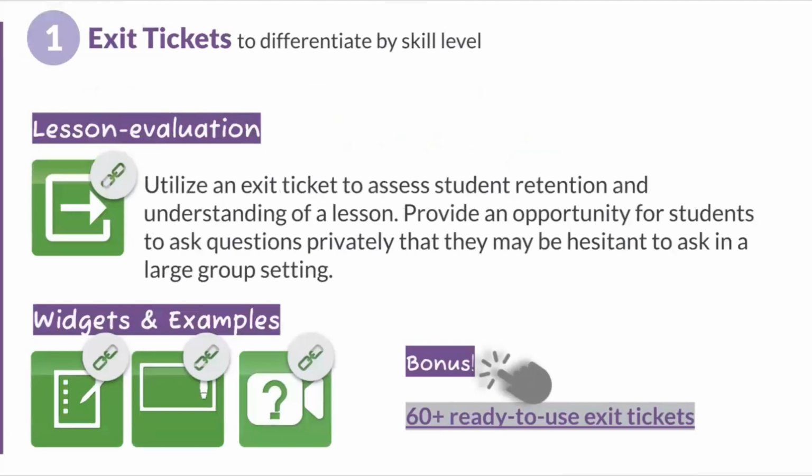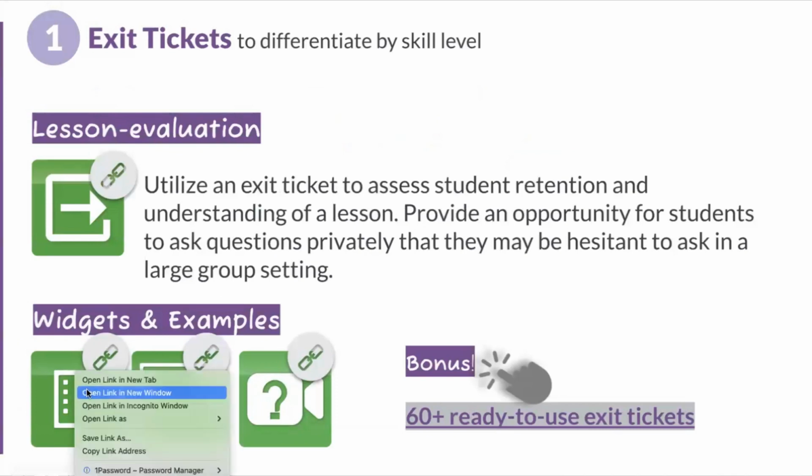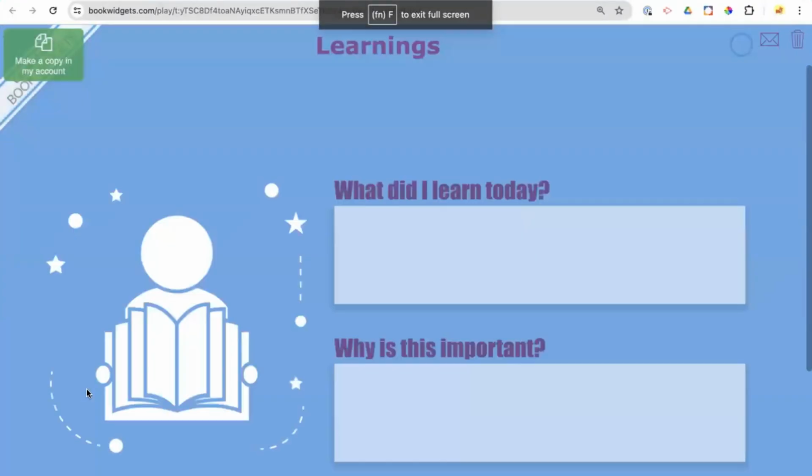But you could also differentiate this exit ticket with a couple of other ideas. So you could use a worksheet widget. This worksheet has an annotate picture question. So what they're doing is this is a graphic that was created, and you could create graphics in Canva, Adobe Express, even Google Slides.